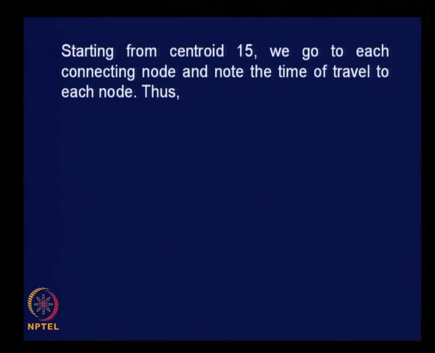Starting from centroid 15, we go to each connecting node and note the time of travel to each node. Thus we can write the travel time from 15 to 16, indicated here as T15-16, is equal to 1, and T15-12 is 3.